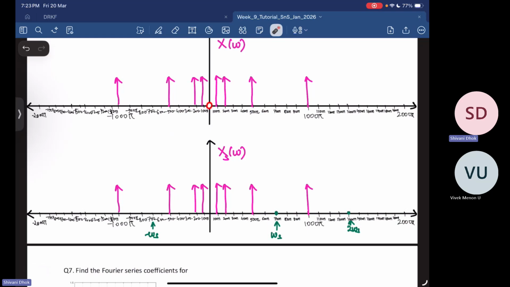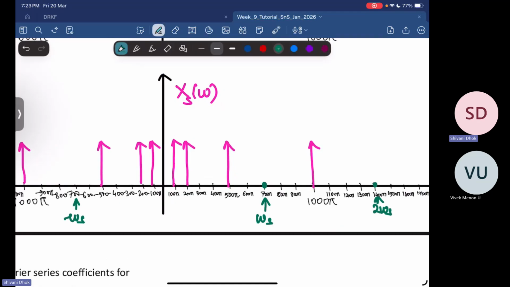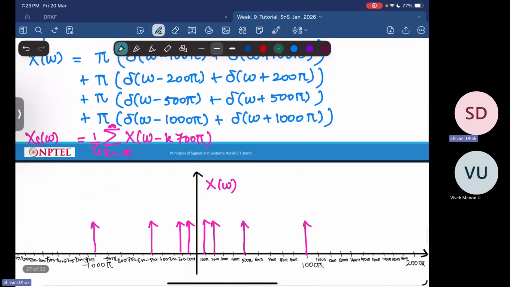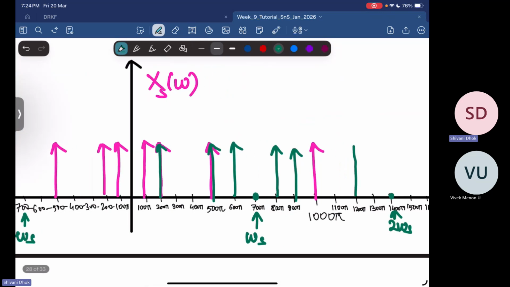So you will now start seeing peaks at 700 minus plus 100, minus plus 200, minus plus 500, and so on. So 700 minus 100, that will give you a peak at 600 and 800. Then you will also get a peak at 500, that comes from your 200 thing, and 900. Then another frequency you have is 500. So 700 minus 500 is your 200, and 700 plus 500 is 1200.